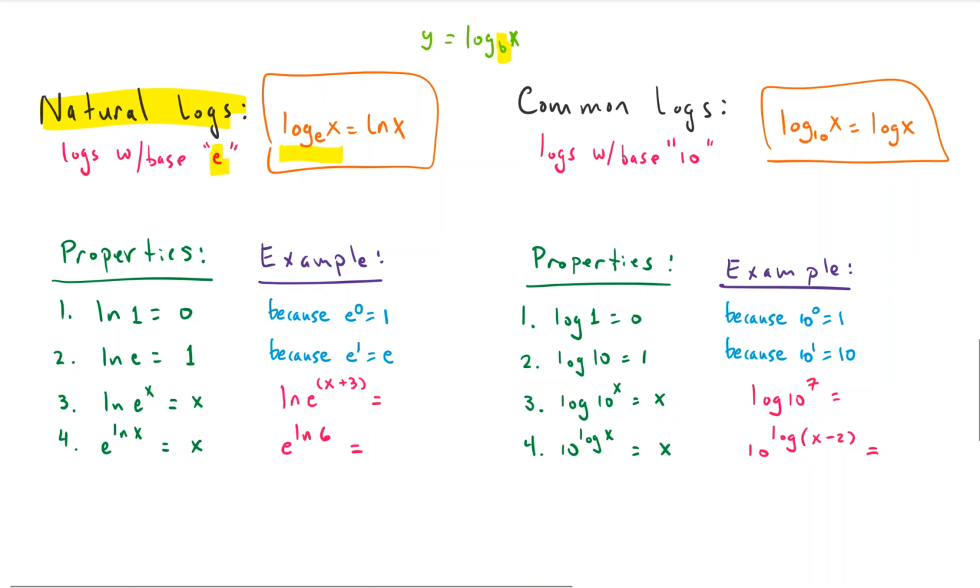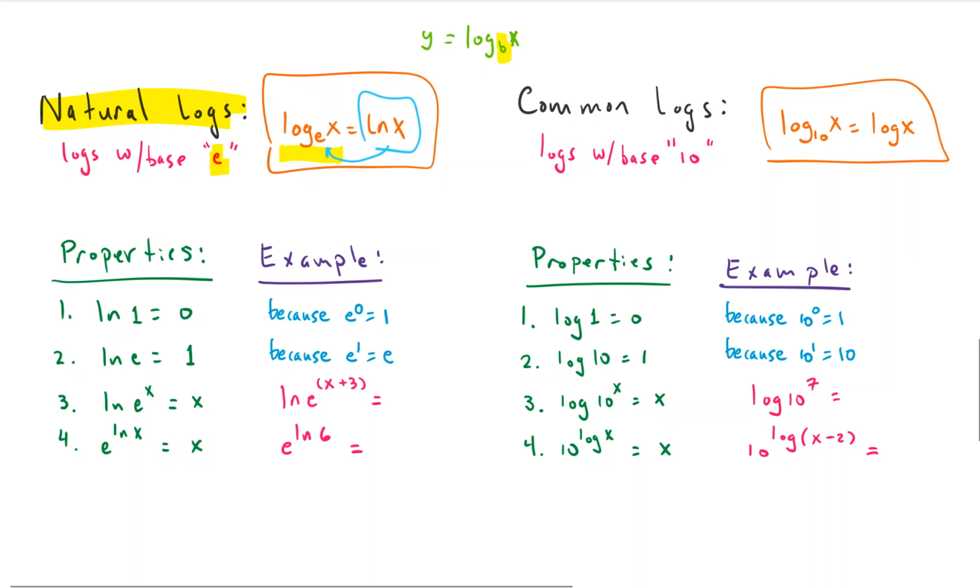We don't write it log base e of x. We just simply write it ln. L as in log, n as in natural. So if that helps you remember, great. So ln of x is really just log base e of x.